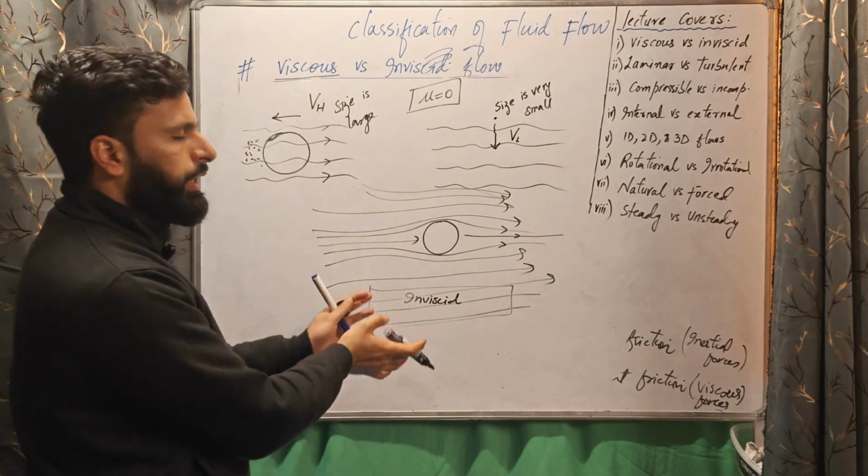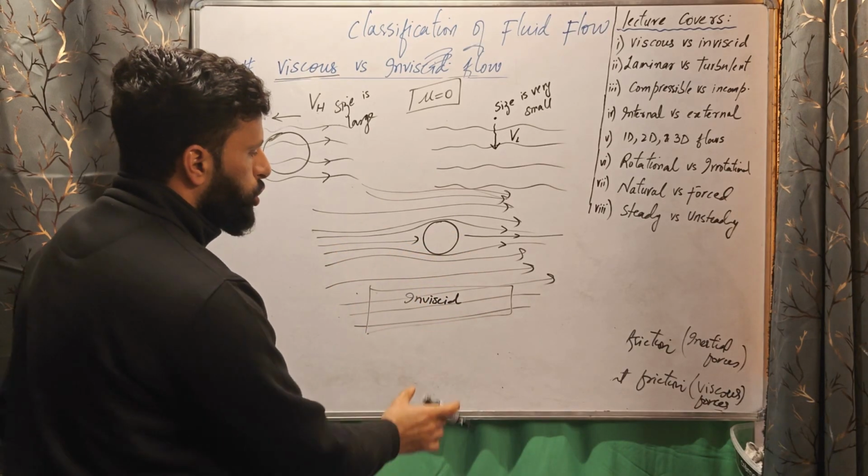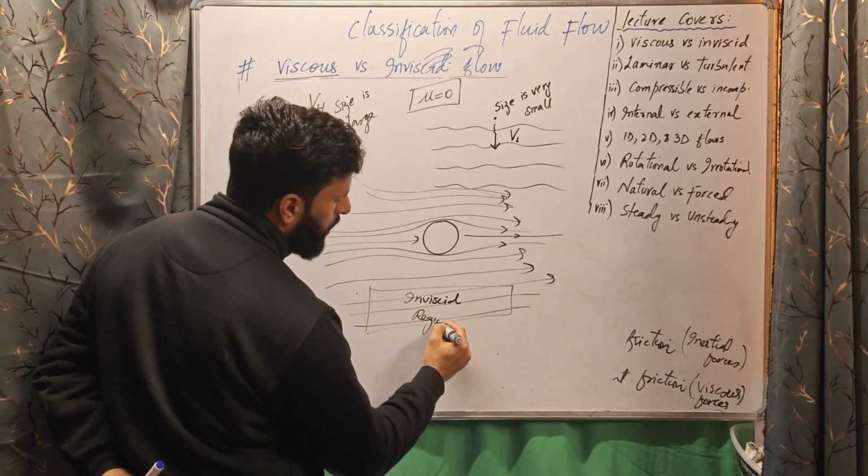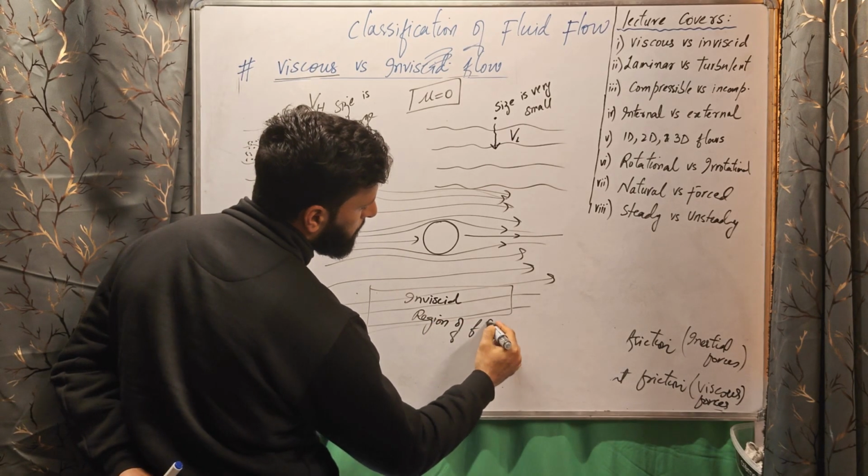So this region away from the ball is an inviscid region of flow.